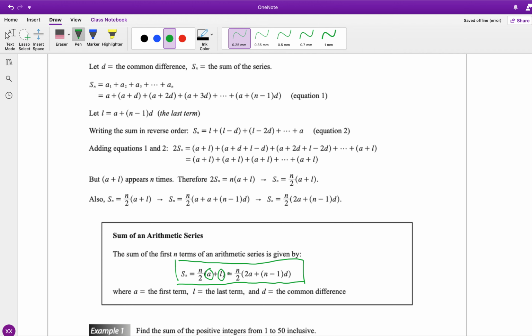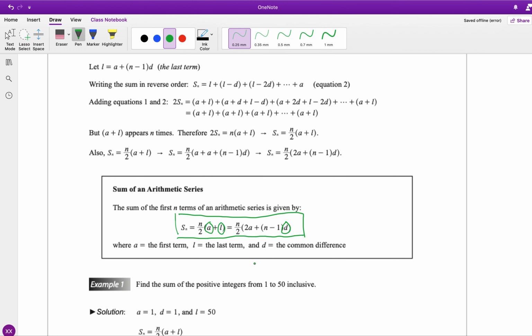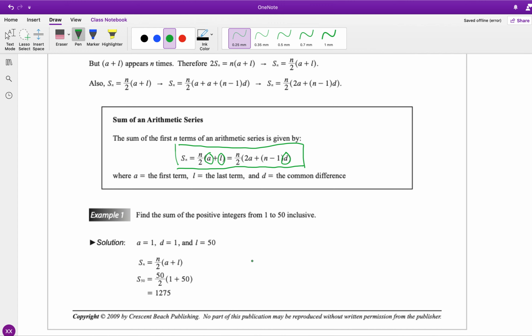This is your last term. Or if you don't know the last term but you know the common difference d, you plug them in, and then you can calculate the sum. So let me try to show the proof. Before I start, I want to show you this example.